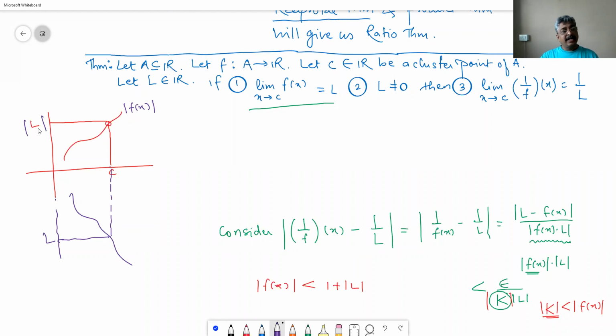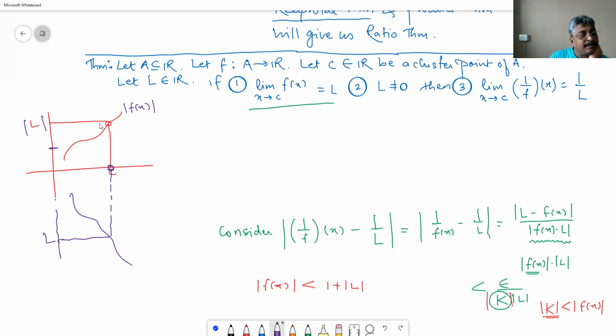So even if this L is negative, we consider mod L, and this is the graph of mod f of x. Okay, now you have c here, and suppose this is the case, then if we could locate any point here properly, of course it will be less than the absolute value of f of x near c.